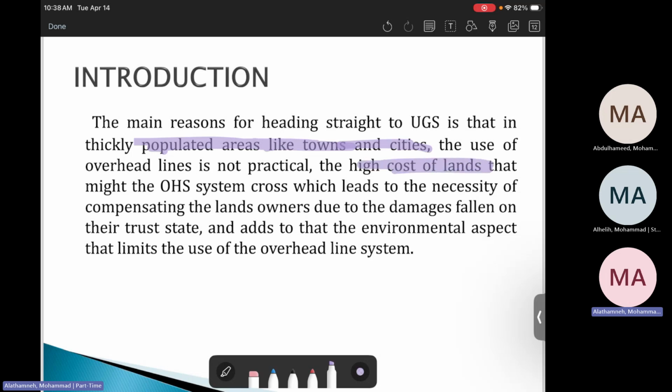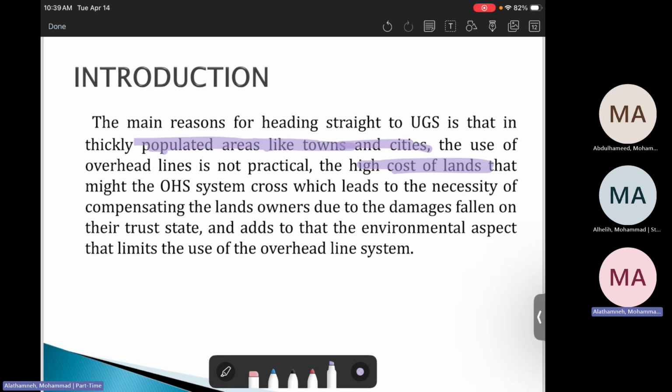As I said, in Abdoun and downtown Amman, it will be very difficult to put overhead transmission line systems. The land is very expensive and it's a very crowded area, very dangerous to put overhead transmission lines there. There is no space, so we make it underground cables.